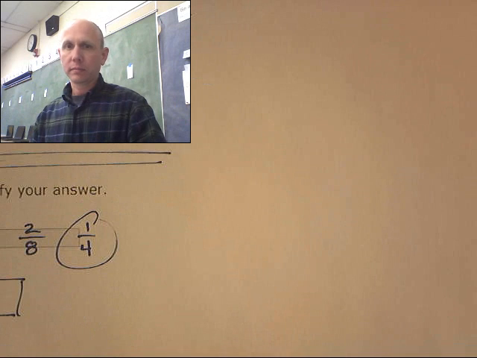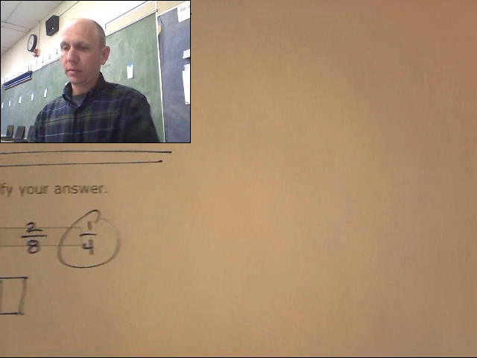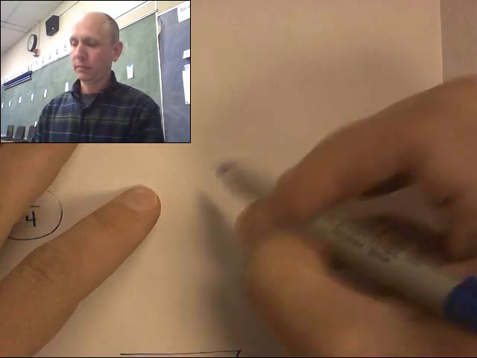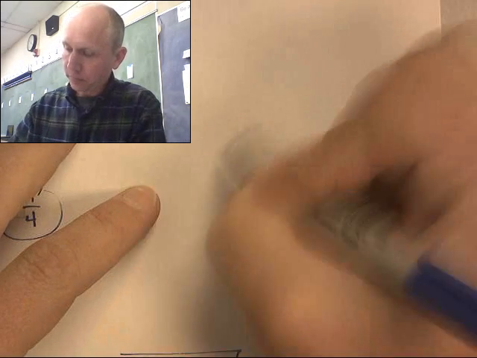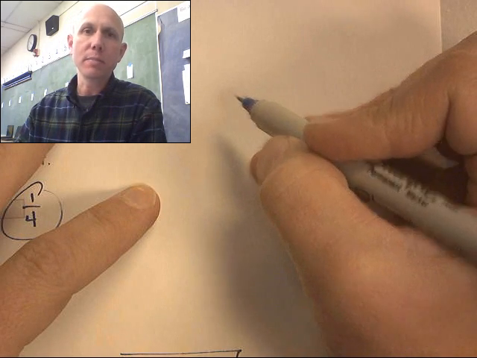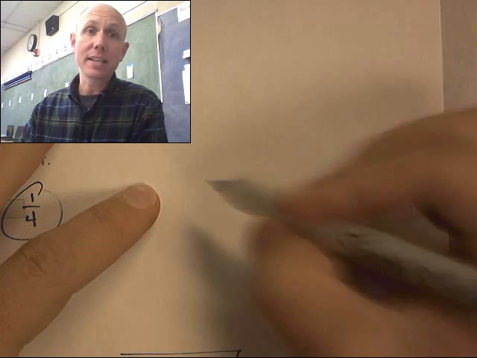Let me draw a picture, right? So we're gonna argue about who can eat more. And you're saying, oh, I can eat 5 slices of pizza. And I say, I can eat 10 slices of pizza.